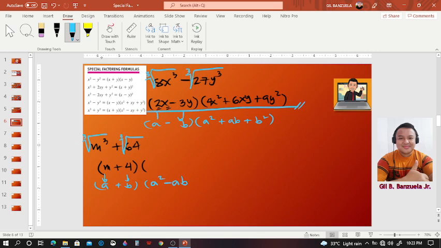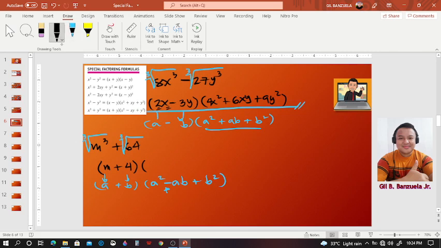So that is the difference between the difference of two cubes and the sum of two cubes. So, wag tayo malilito, guys, no? So, sa difference of two cubes, all positive tayo sa trinomial. Pero pagdating sa sum of two cubes, the middle term here is subtraction or minus. And the last term is the same. So, plus b squared pa rin siya.